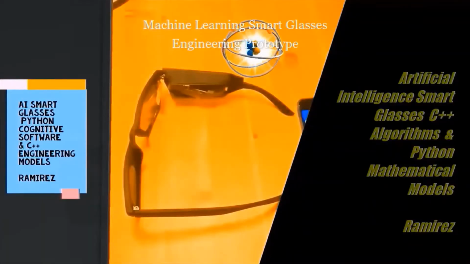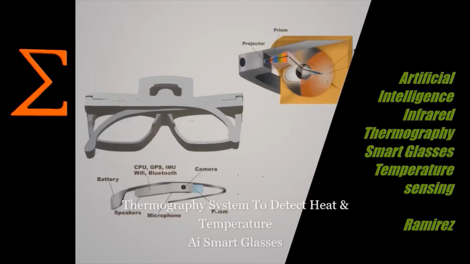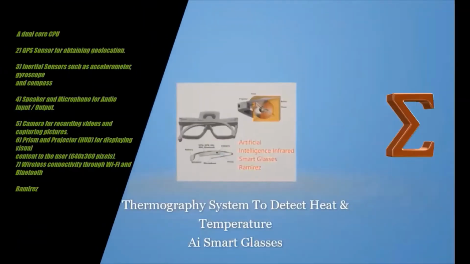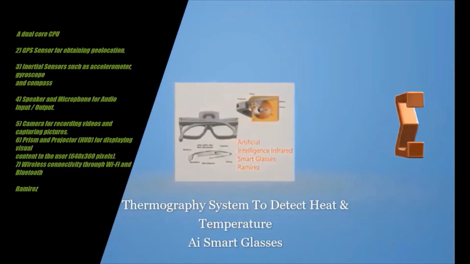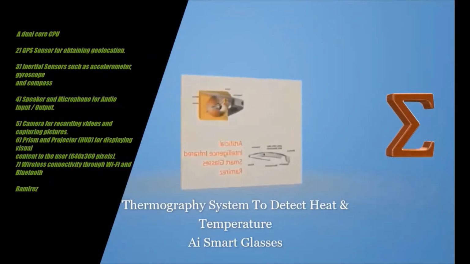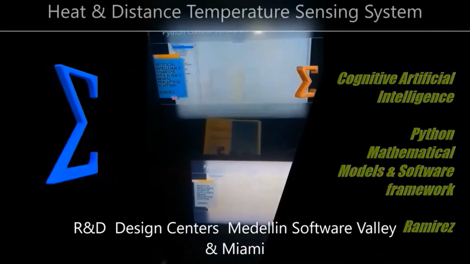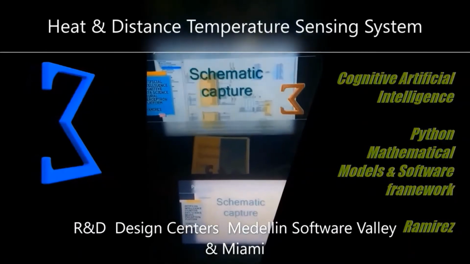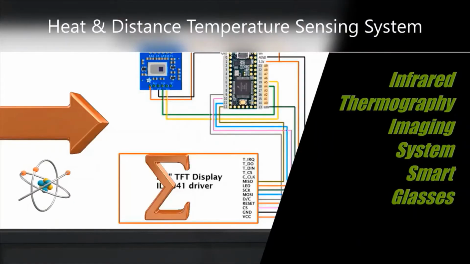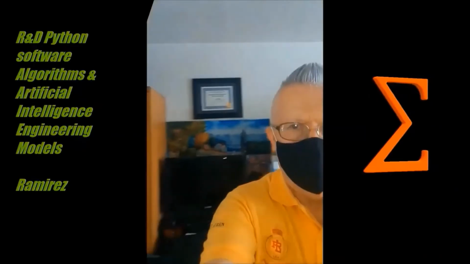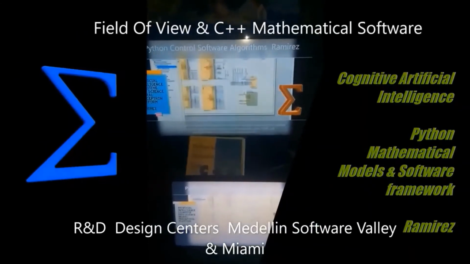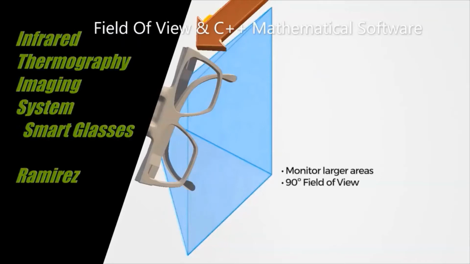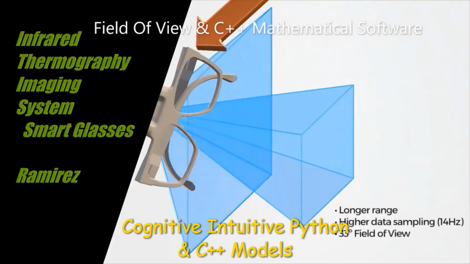The artificial intelligence infrared imaging smart glasses use real-time data recording, sending you automatic email notifications on over-temperature readings. Customizable temperature thresholds are relayed with instantaneous verbal feedback to your environment.